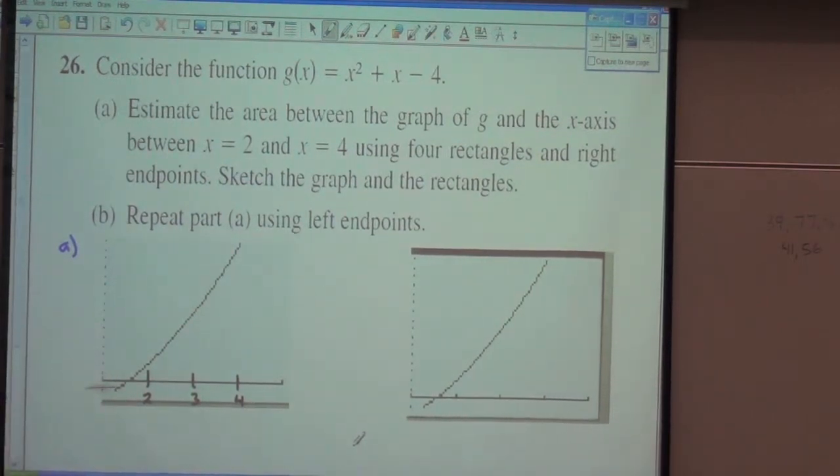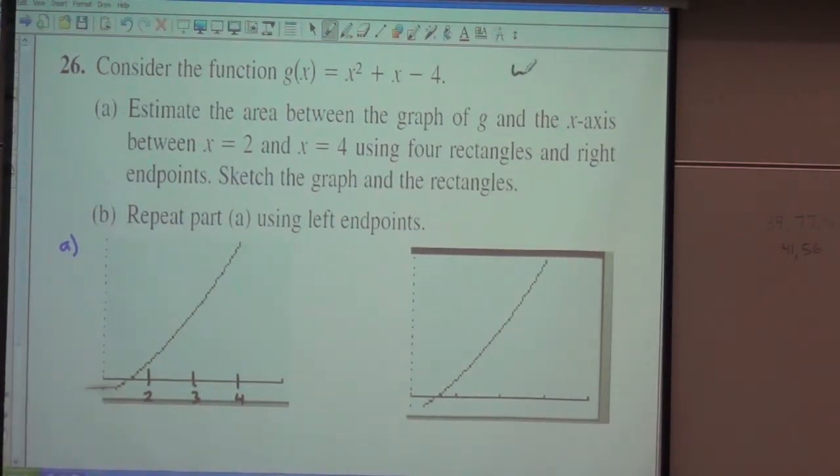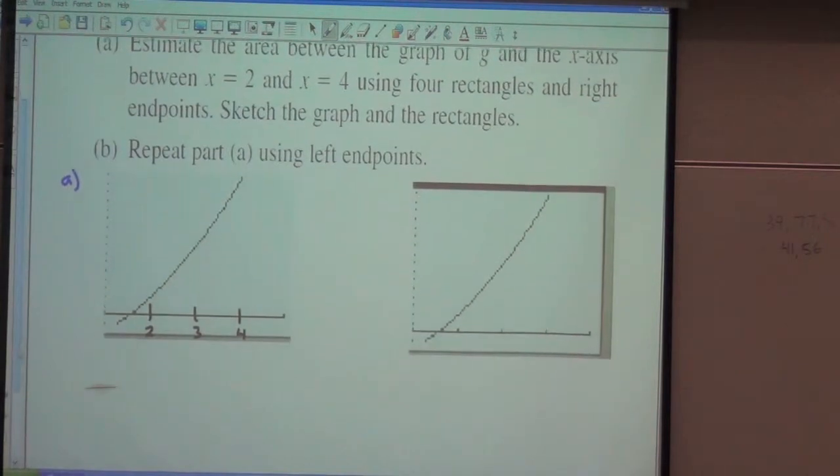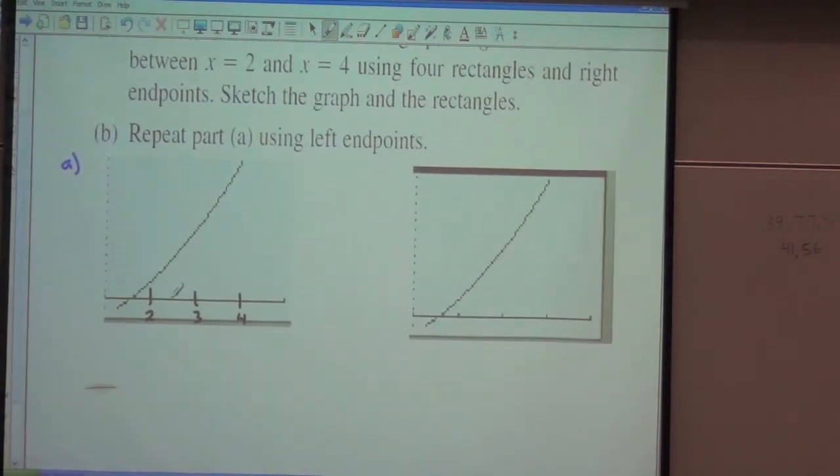So to find the width of the rectangle, you figure out the change in x and put it over the number of rectangles. If we do right endpoints here, we're going to go to 2.5 and 3.5.